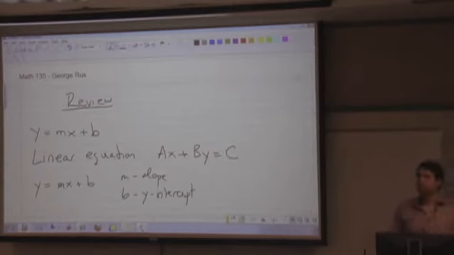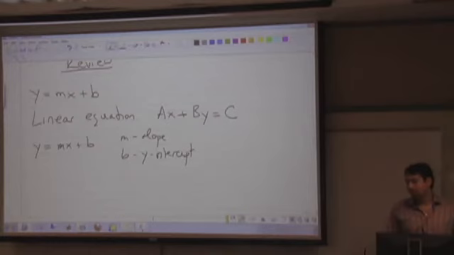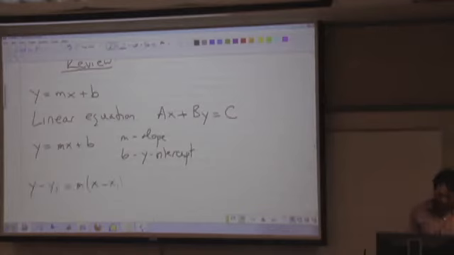So far, so good? Okay. A form that we're going to be using a lot more in this course is y minus y1 is equal to m times x minus x1. Anybody remembers what this is called? The point slope form.